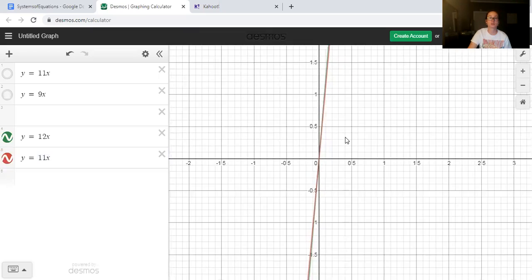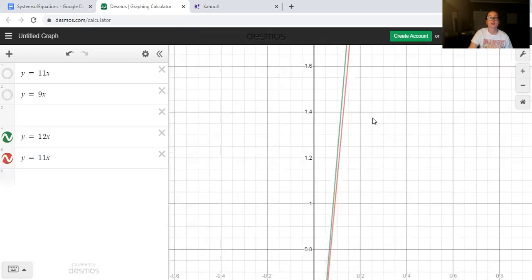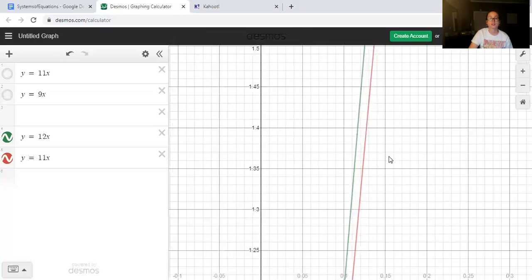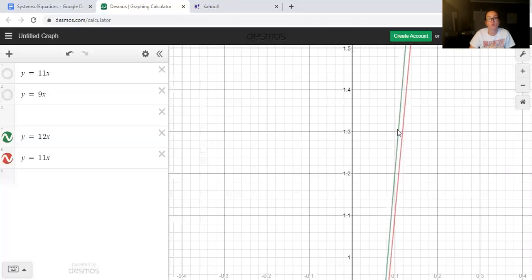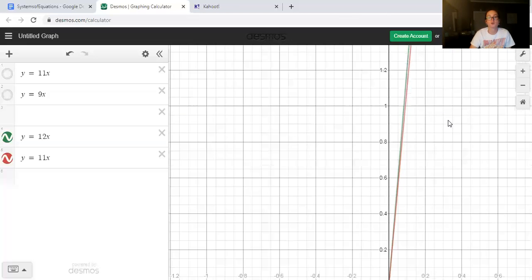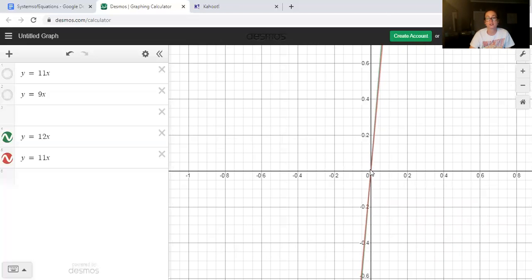If you zoom in, you can start seeing that they're actually not the same line. They're a little bit apart from each other. And then it still has the same point of intersection. Basically, if you have 0 people, it will cost $0, and that's where the two equations meet. And in a system of equations, that's what you're looking for, where the two lines cross. So I just wanted to share that.